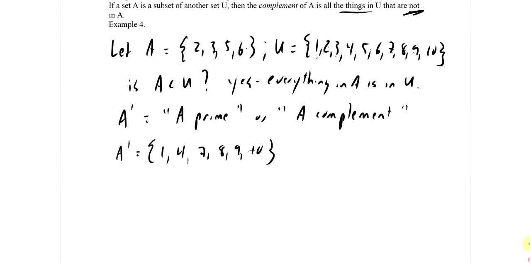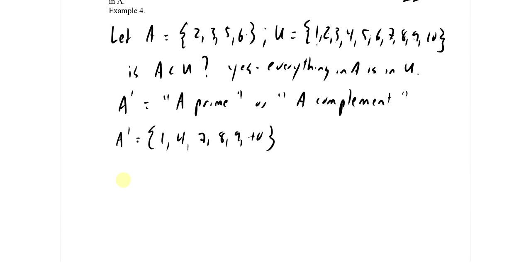So a couple things to note about A and A prime. A intersection A prime? Well, what's that? Everything that's in A prime is by definition not in A. So is there anything that's in both A and A prime? Nope, that's the empty set. A union A prime.